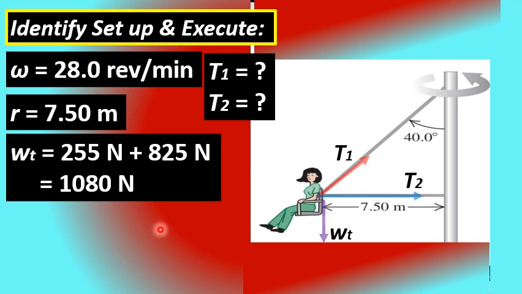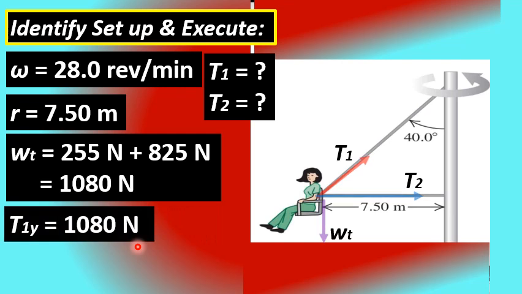So our solution starts with getting the y component of T sub 1. Since T sub 1 is directed along this diagonal cable, it has a vertical or y component directed upward, and also a horizontal or x component directed to the right.